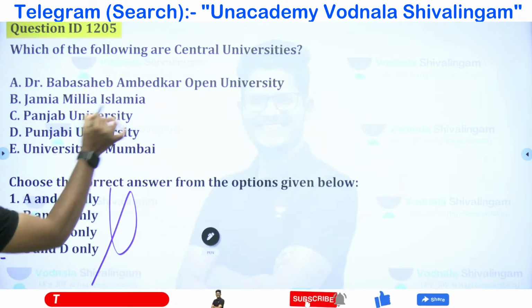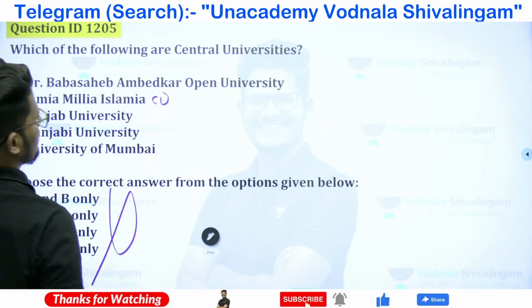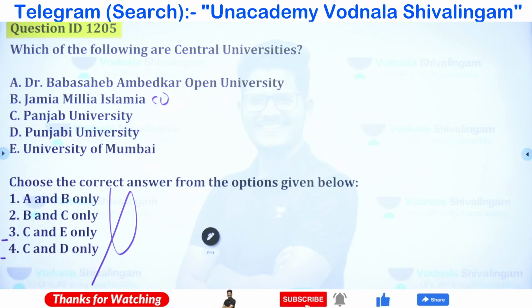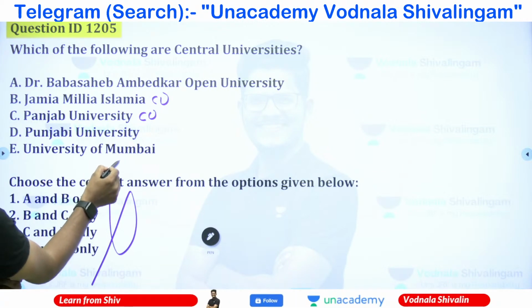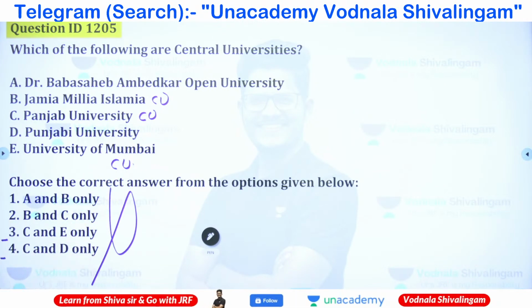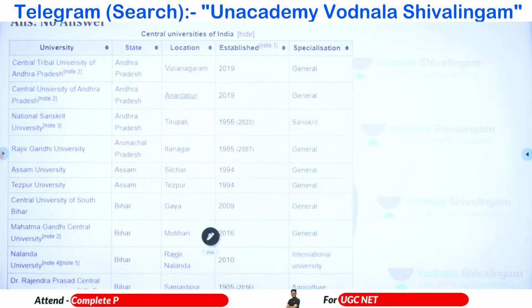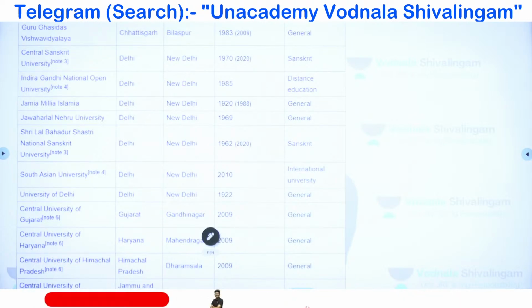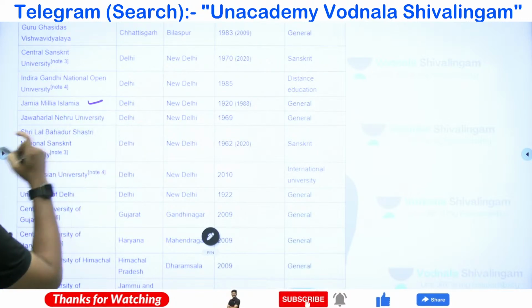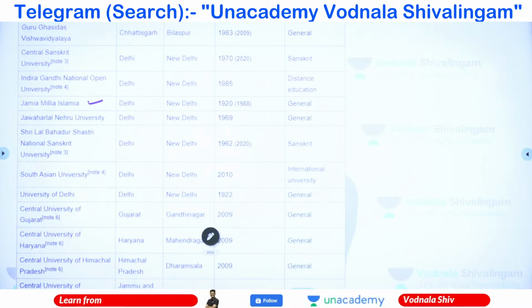Here if you look at Jamia Millia, I think this is a Central University, and Baba Saheb Open University, not sure, but Punjab University, I believe this is also a Central University, and University of Mumbai is also Central University. Let's see Punjabi University, where it is. Jamia Millia is in New Delhi, which is a Central University.